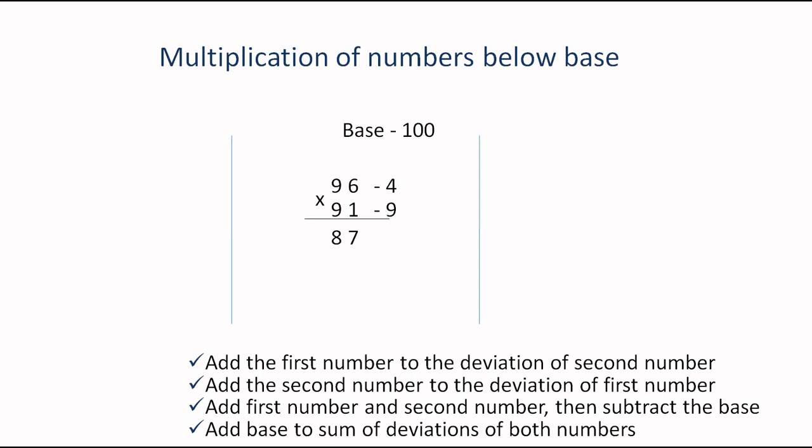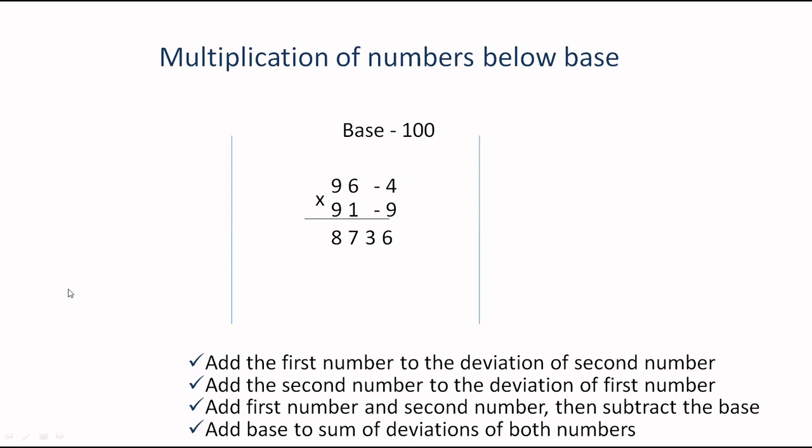And the second part is the multiplication of these deviations, that is minus 4 into minus 9. Minus into minus is plus, so we will directly get a positive number. 4 into 9 is 36, and just write it down. Because we have got a positive number, we are writing it down in a straight way, but if we get a negative number after multiplication, we will have a different way of dealing with that.